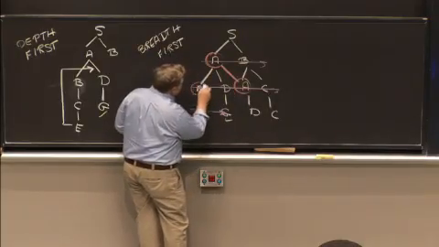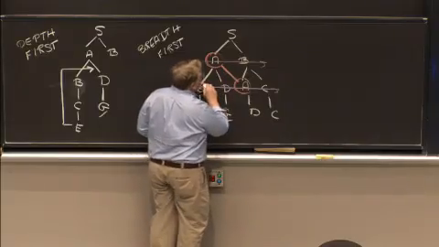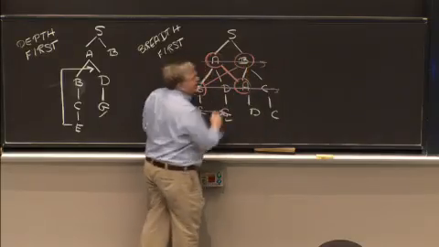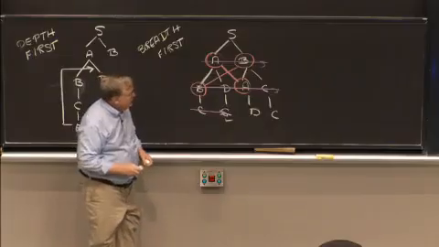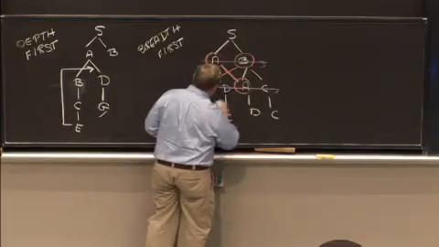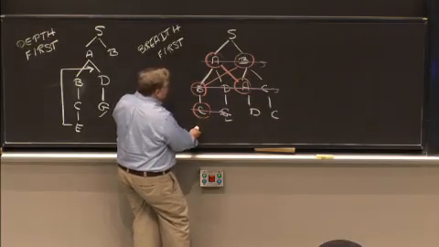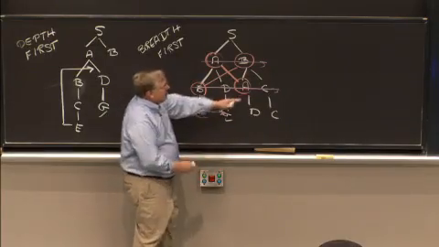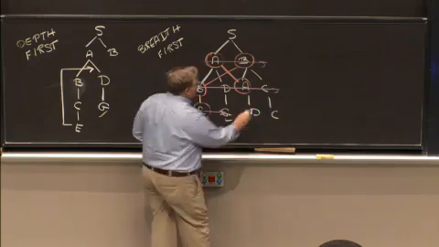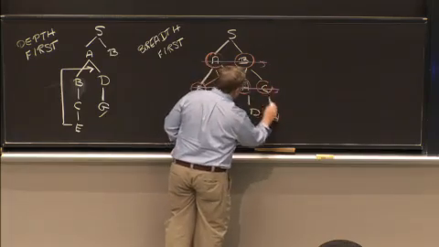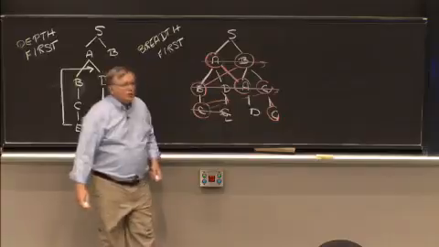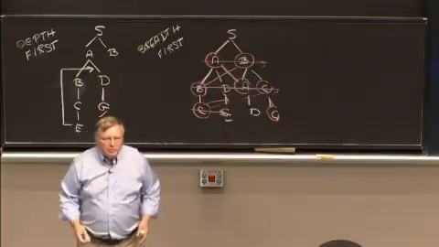Down here, it extends a path that goes to B, and it's already extended the path that goes to B. Over here, it looks at a path. It could extend a path that went through C, but it's already got a path that goes through C. So all of these paths are duplicated, and we're still going through them.